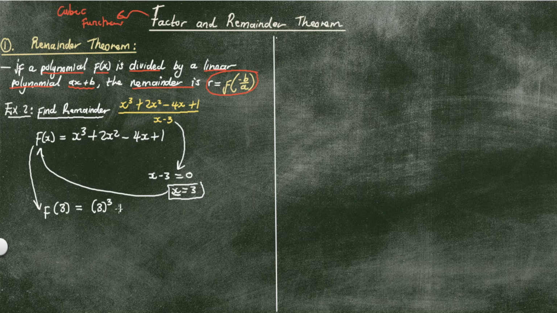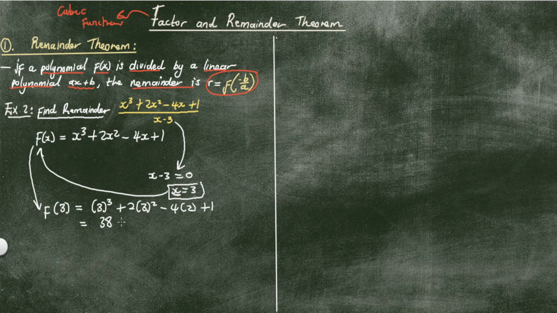3 cubed plus 2 times 3 squared minus 4 times 3 plus 1 equal to, we calculate 3 cubed plus 2 times 3 squared, minus 4 times 3, plus 1.